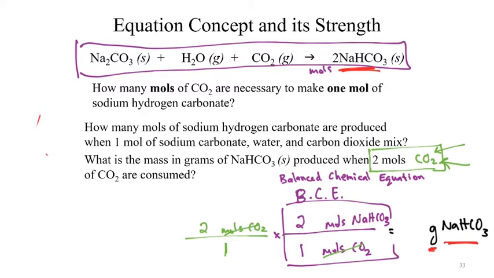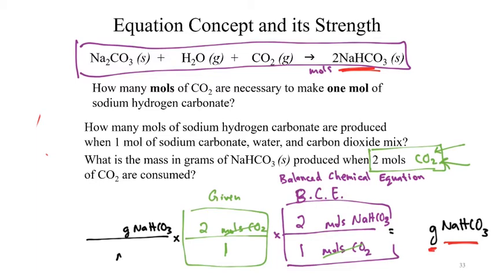So if we think back to the processing I've been asking you to go through, what we should now do is continue with that and see if maybe we can get a clue by writing that information down on where to find this. I know I need grams of sodium hydrogen carbonate, and I know that needs to appear in the numerator because that's where it is in my answer.